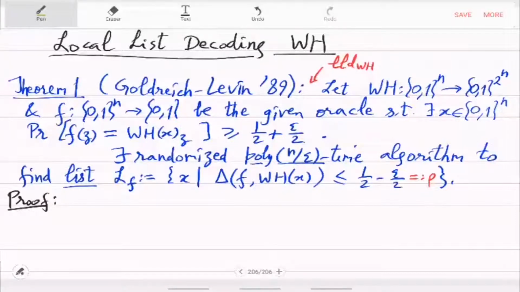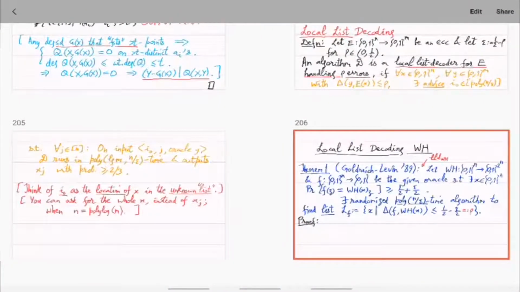So you cannot just randomly pick a place and hope to get xj with probability more than 2/3, right. You wanted probability more than 2/3, so that will not be possible now because already the error is close to half in f. So we will actually make more queries, and from many queries we will try to deduce xj, and then by repeating that we will find x.